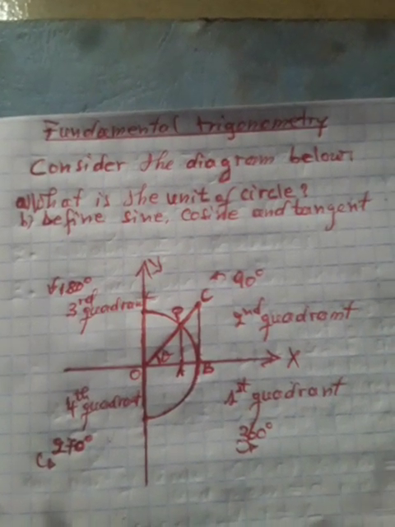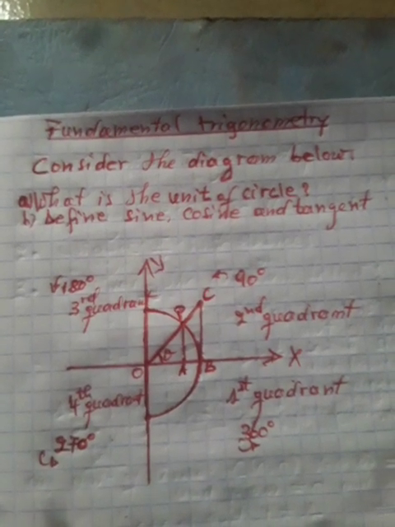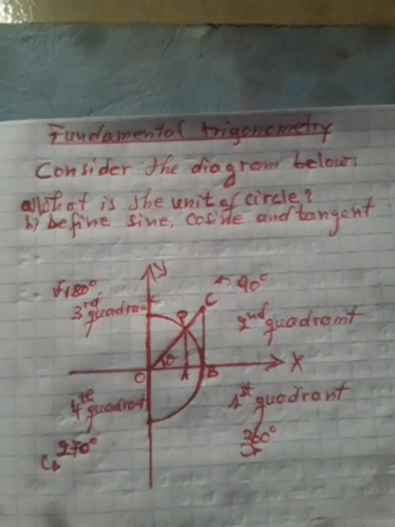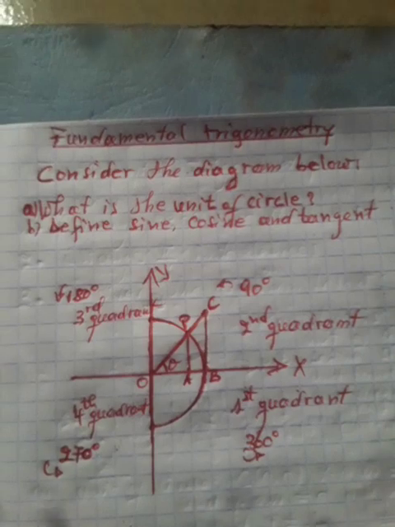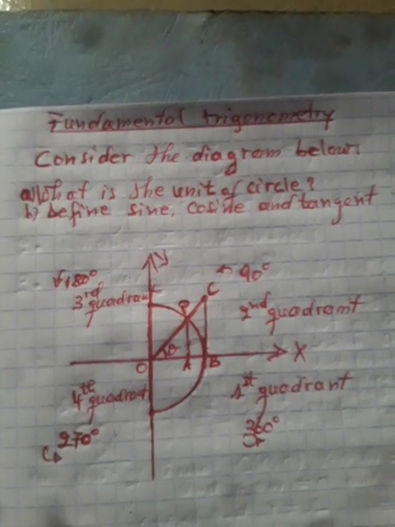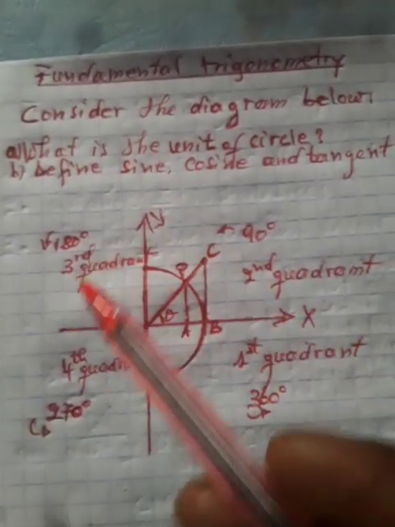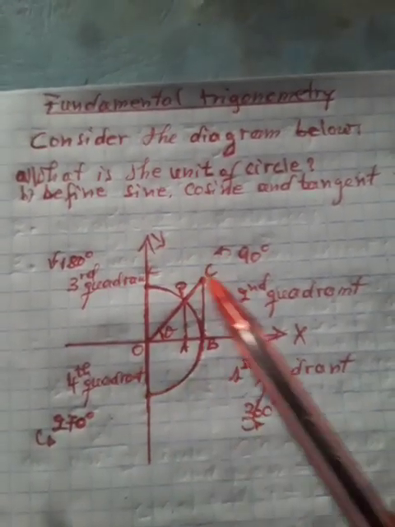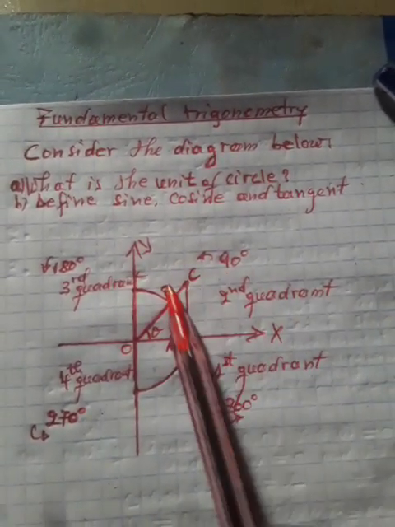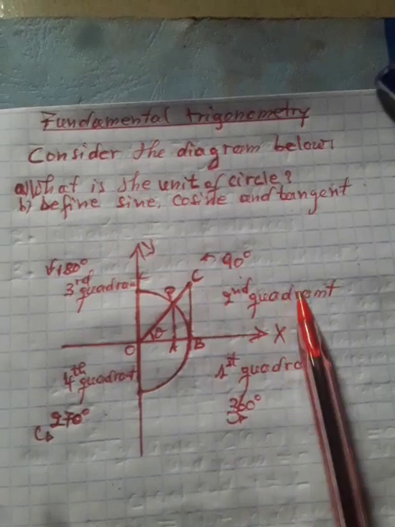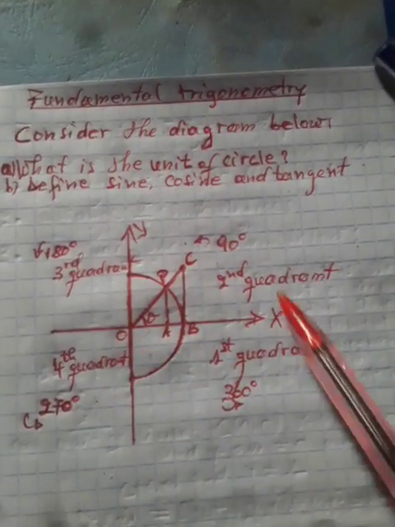I come back here to talk about fundamental trigonometry. The question we have: consider the diagram below. Here we have a diagram given, and the question provided relates to this diagram.